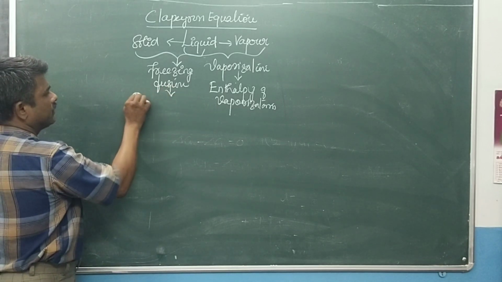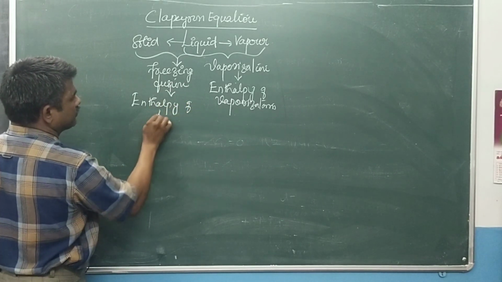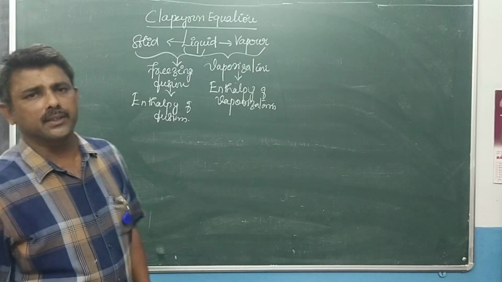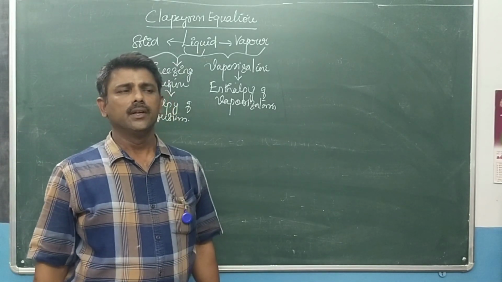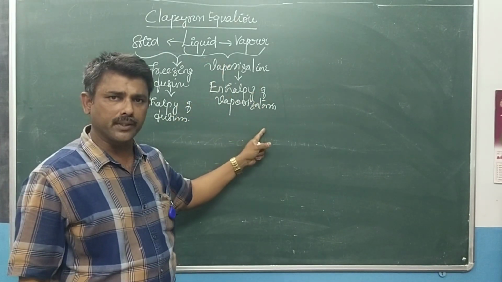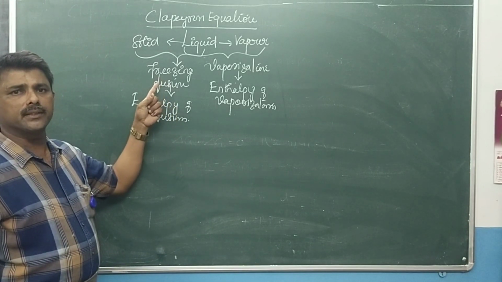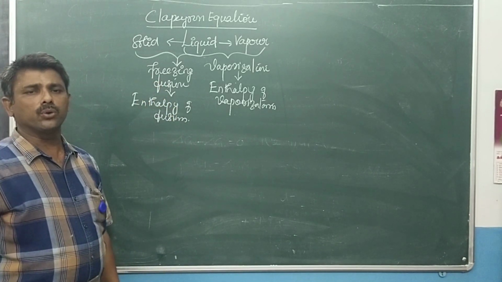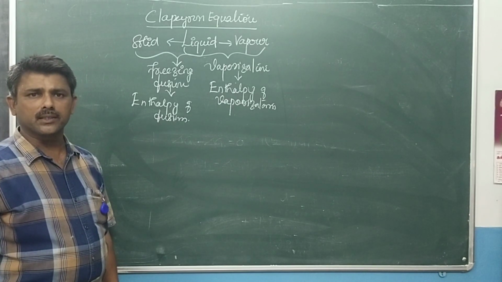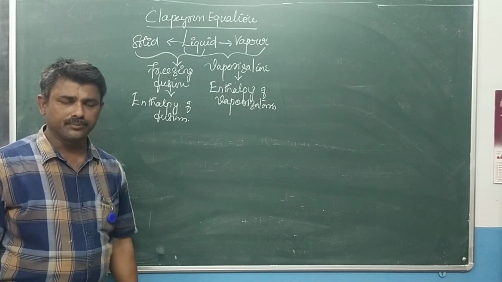So the Clapeyron equation is very much essential in estimation of changes in enthalpy during vaporization, the enthalpy of vaporization, and the change in enthalpy during freezing, called the enthalpy of fusion. So for estimation of enthalpy change during phase transition, knowledge of the Clapeyron equation is very much essential.